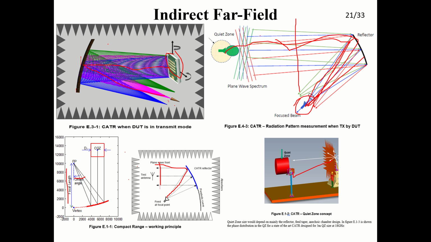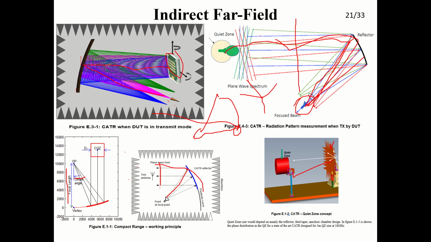One more thing is that you cannot use a simple reflector. You have to go for a serrated reflector. Why? Because, for example, you have an antenna here. When signals touch the edges, what happens? There is one principle: when a wave touches the edges of the metal, it scatters like this.